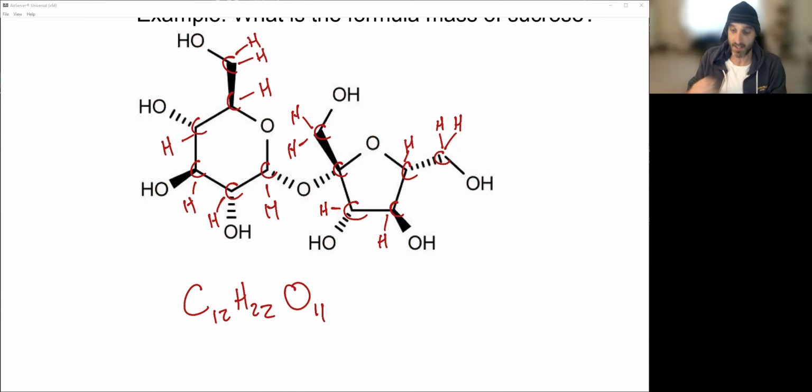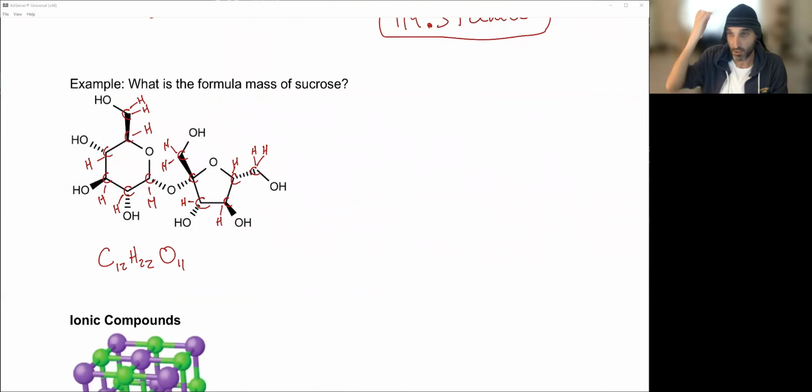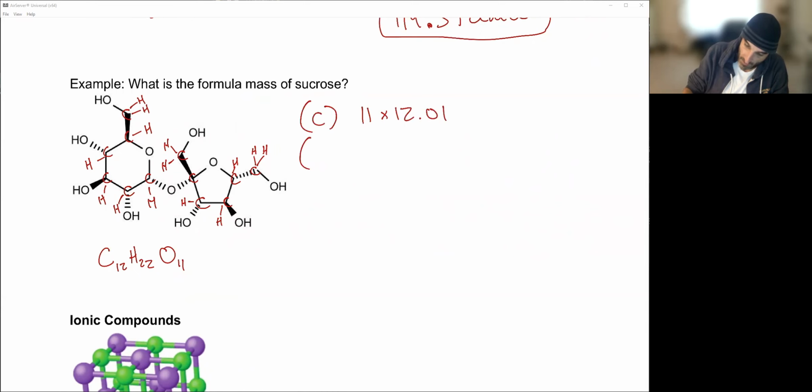Okay, so that is the start of our sucrose. Again, we counted them out, carbons first, hydrogen second, and everything alphabetically after that. So I have 12 times 12.01. Again, this is my carbons. Then I'm going to do hydrogens. I have 22 times 1.008.